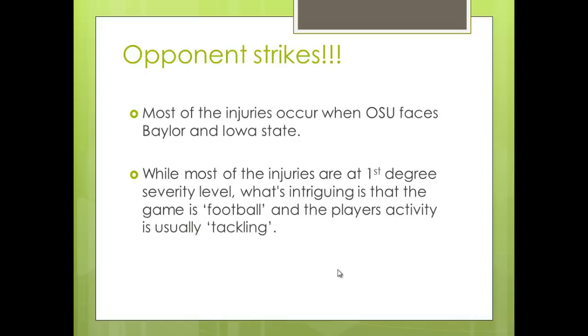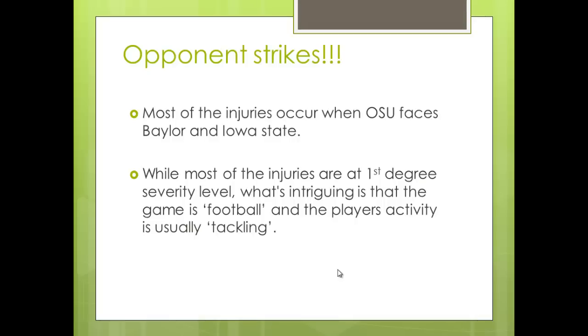They say injuring an opponent is injuring yourself, but that doesn't mean you injure yourself constantly when the opponent strikes. It has been observed that most of the injuries occur when the rival is Baylor or Iowa State. What's notable about it is that most of the injuries are first degree and this occurs during tackling. Injuries with Kansas State are a mix of first degree and second degree.